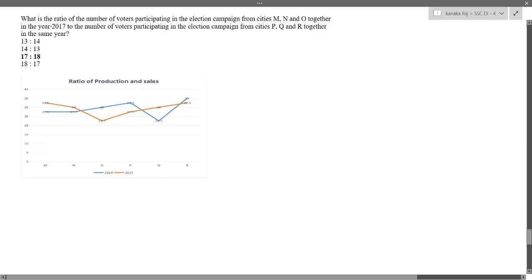So now let's move on to our next sub question here. What are they asking? What is the ratio of number of voters participating in election campaign from cities M, N, and O together? Meaning we need to take participants from city M plus participants from city N plus participants from city O. And we need to take the ratio to number of voters participating in the election campaign from city P, Q, and R together.